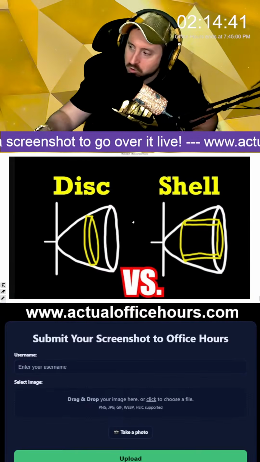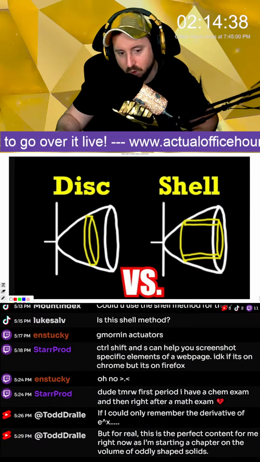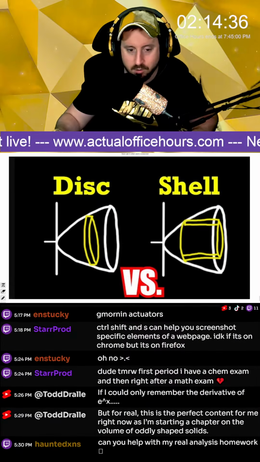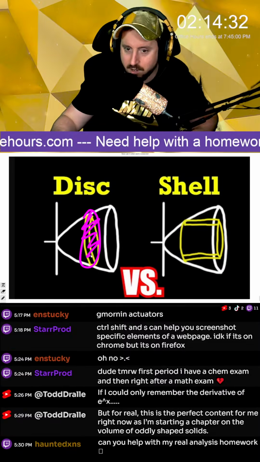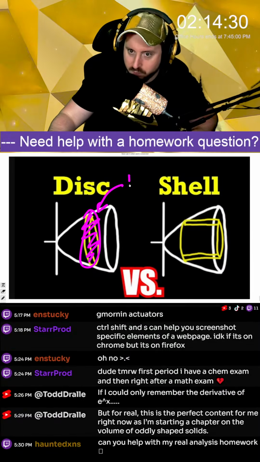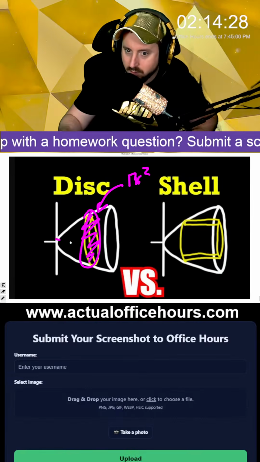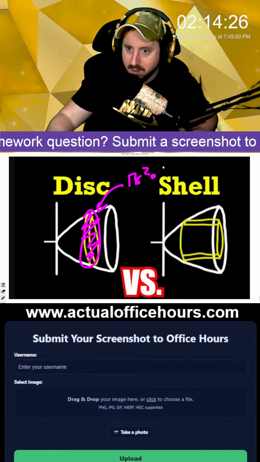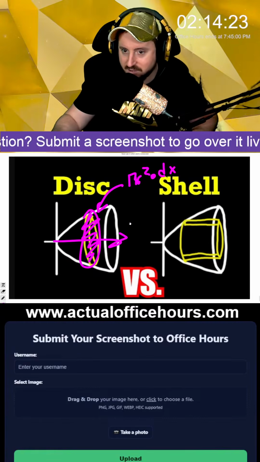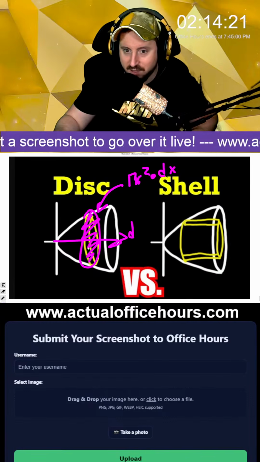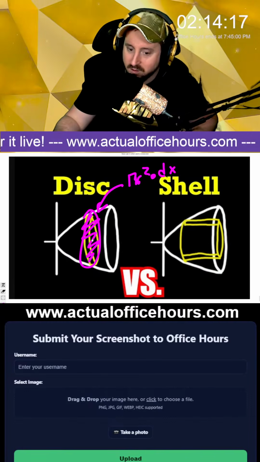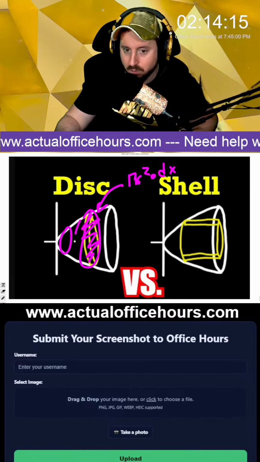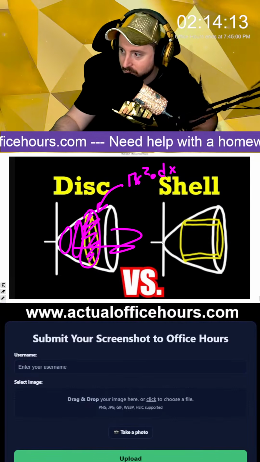When you're doing the disk method or the washer method, you're taking the surface area of this, which is pi r squared, and multiplying it by dx, because dx is the thickness of this disk. That ends up giving you a volume.